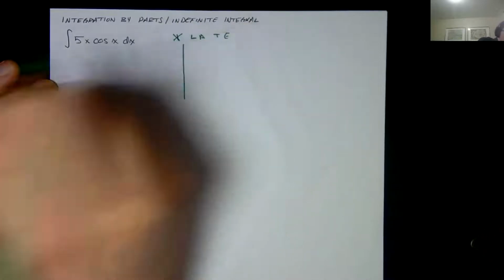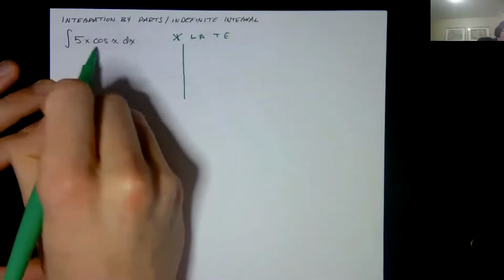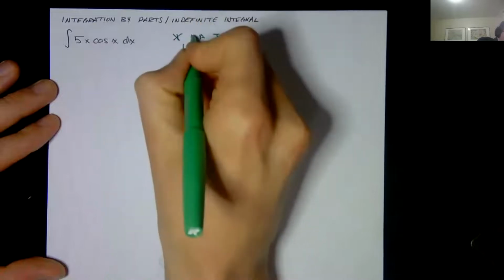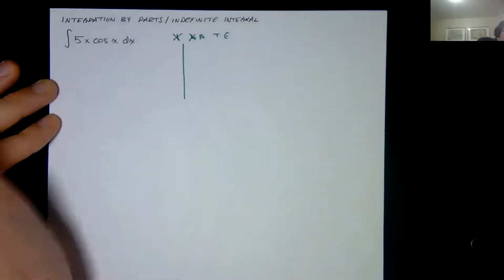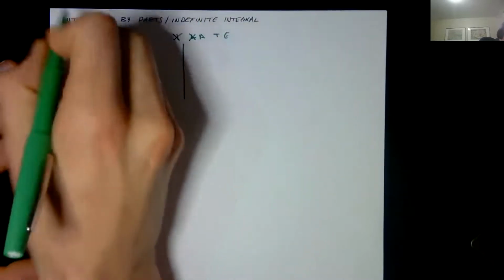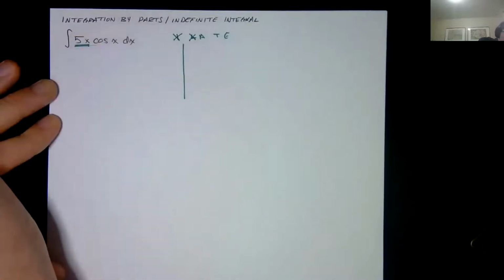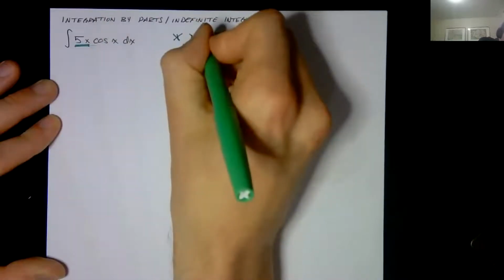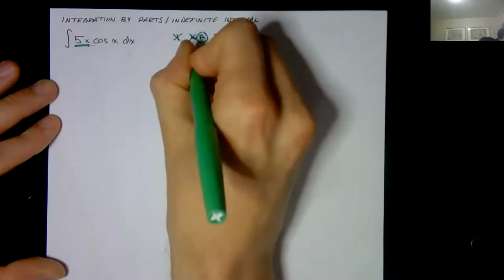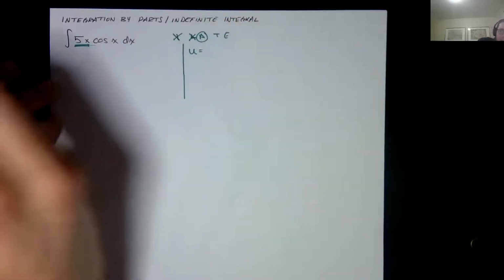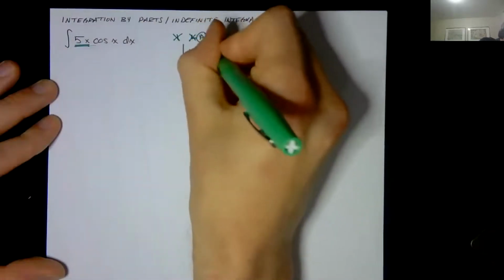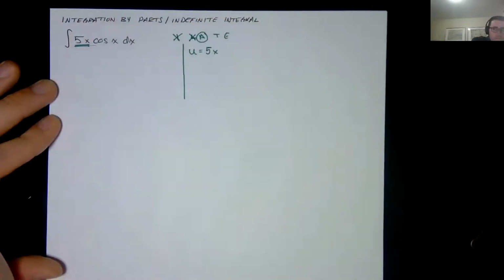I'm going to cross that out. When I scan through this integral, I don't see a logarithmic function. I'm going to cross that out. When I scan through this function, I do see 5x. So I'm going to set u equal to that algebraic function. So u equals 5x, just like that.